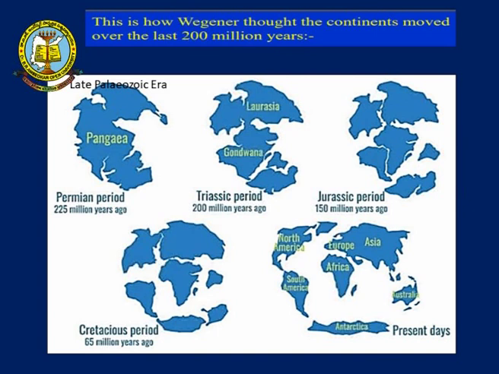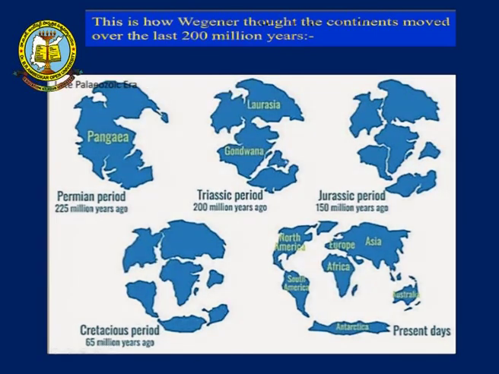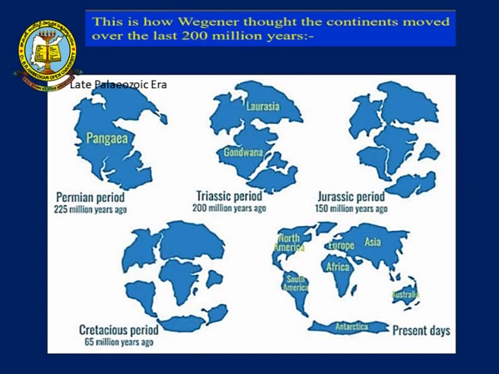So, this particular small region that you can see over here is India, with South America and Africa over there, and Antarctica and Australia. By 150 million years ago, you can see the separation being a little further away, and by the Cretaceous period, 65 million years ago, a further continental drift could be seen, and this is what the continents are in the present day.